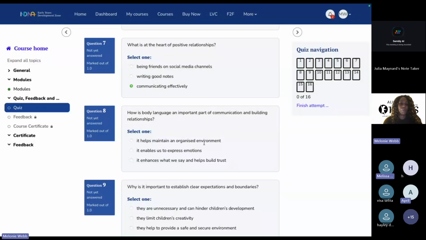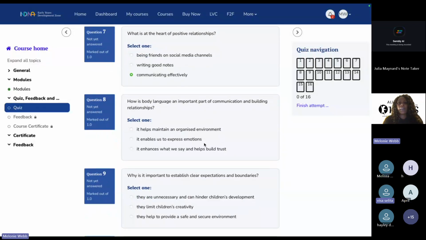How is body language an important part of communication and building relationships? 1, it helps maintain an organized environment. 2, it enables us to express emotions. 3, it enhances what we say and helps build trust. I'd say maybe 2, but I'm overthinking it.